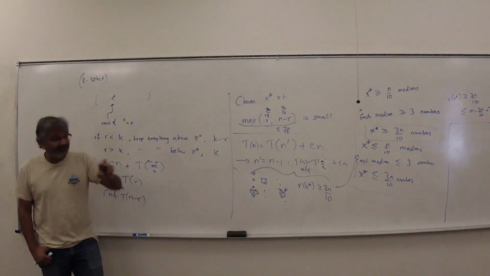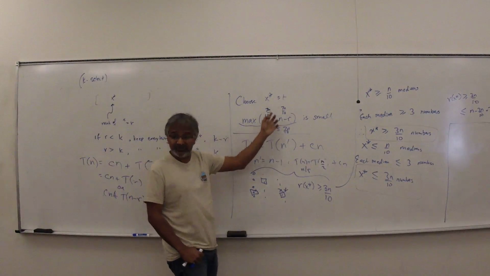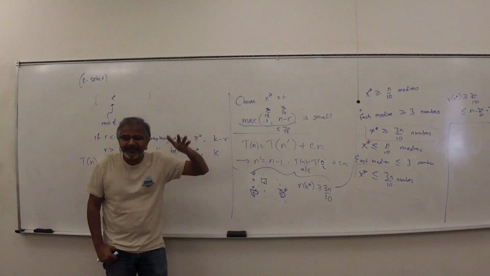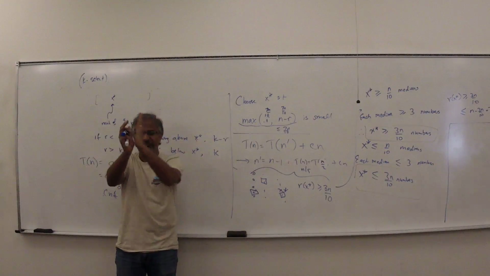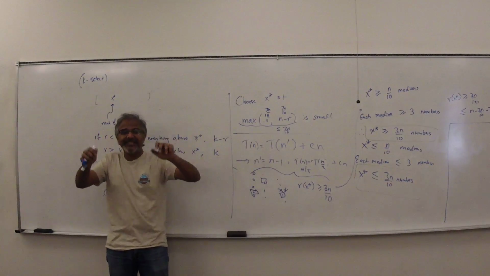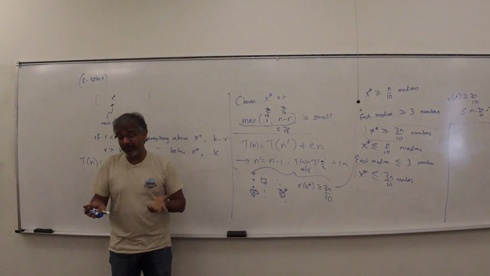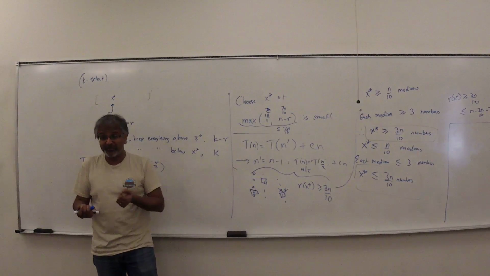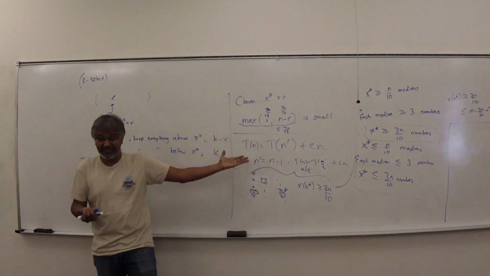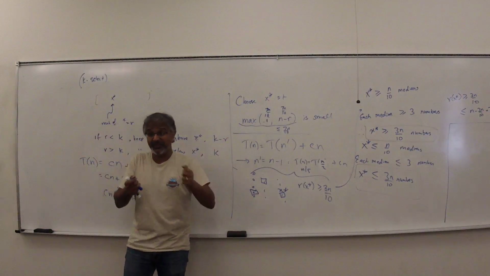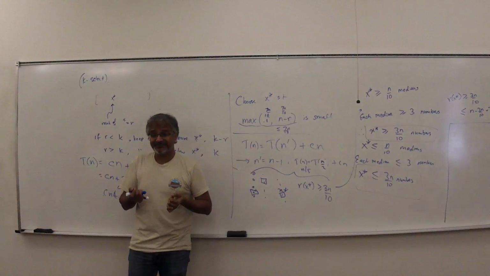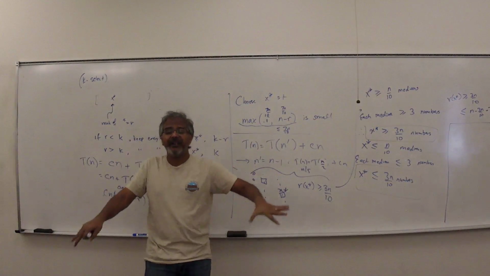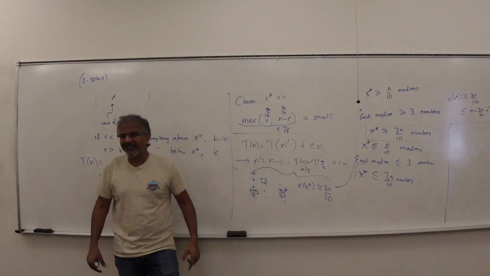An exact median would be n over 2, 5n over 10, and here I got a 3 and a 7 instead of 5 and 5. It's an approximate median. We will be talking about approximation algorithms later in the course, where these kinds of tricks will be very useful. Because what I'm basically saying is I can very easily find an approximate median, and for many problems that might be sufficient, because it roughly divides things, not exactly, but roughly.